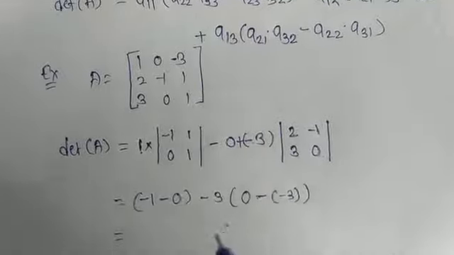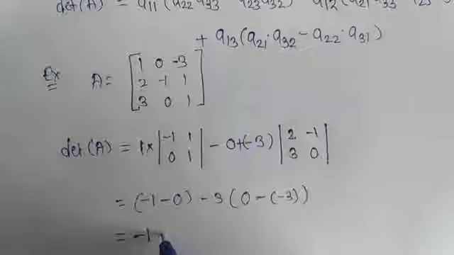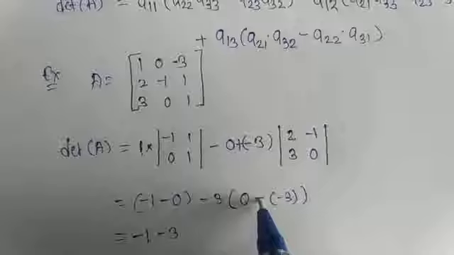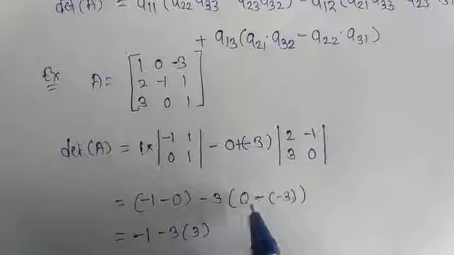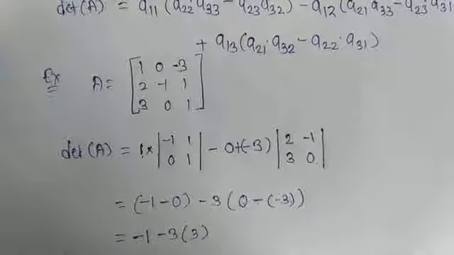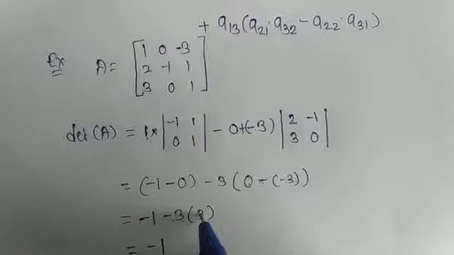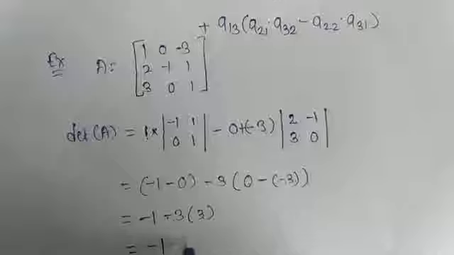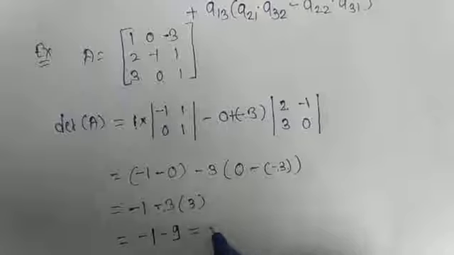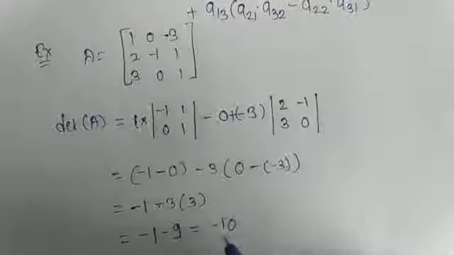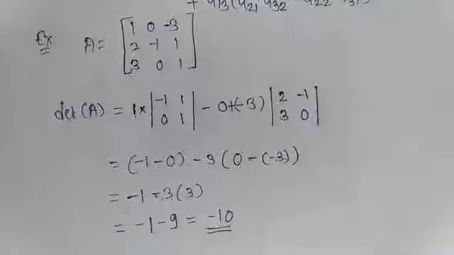So the first term is minus 1 minus 0, which is minus 1, and here minus 3 into (0 minus minus 3, which is 0 plus 3, that is 3). So we get minus 1 minus 3 into 3, which is 9, and the outward sign is minus, so minus 9. Our calculation is equal to minus 10, which is the determinant of A.